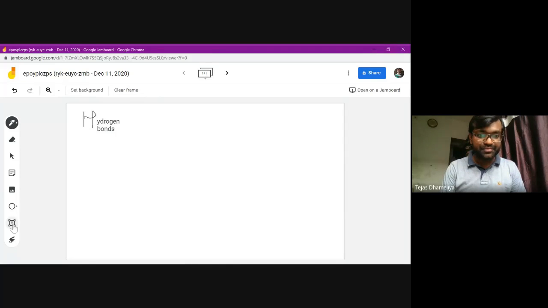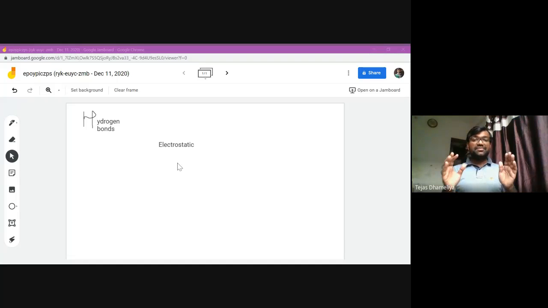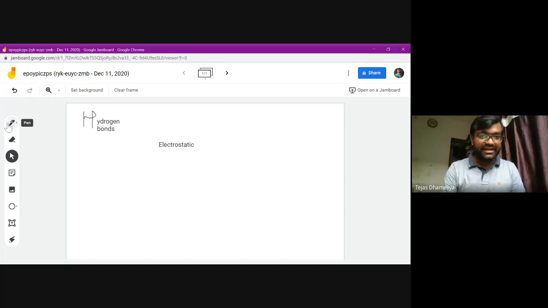What is called electrostatic force? Let me just write it down here. It is an electrostatic force. When the atoms are static, they develop a certain charge and they will make the bonds. For example, if we have a water molecule, let me draw the water molecule over here.